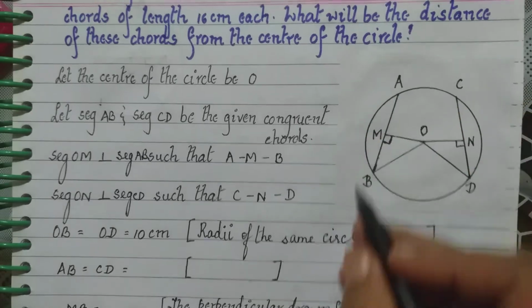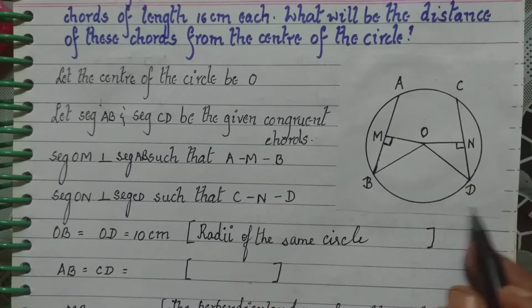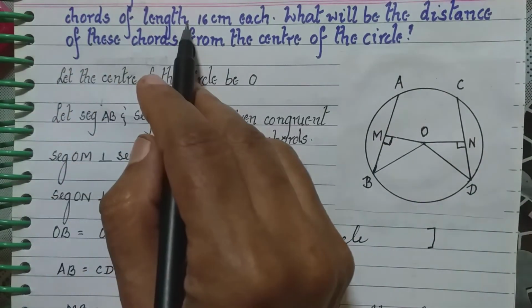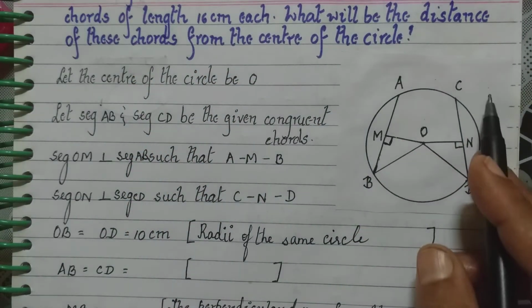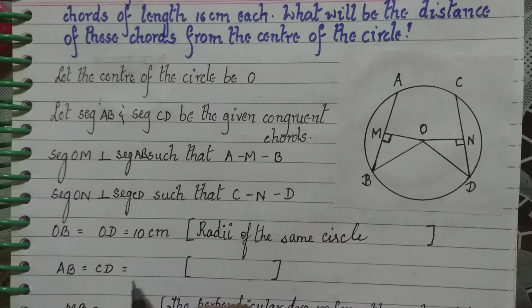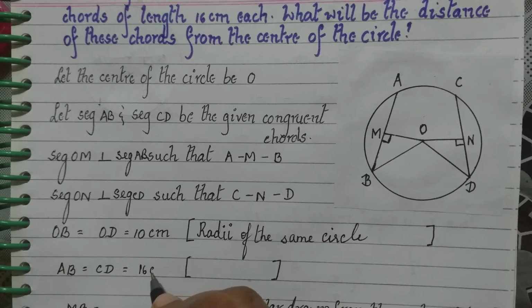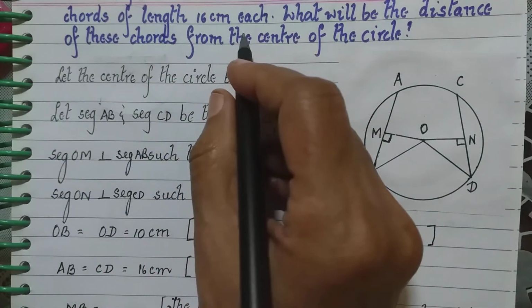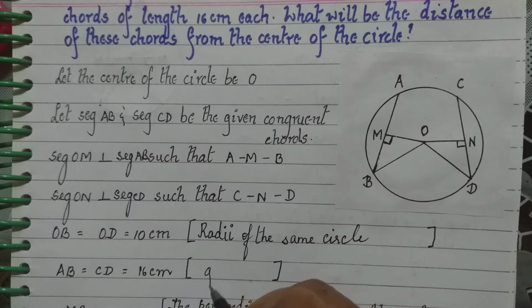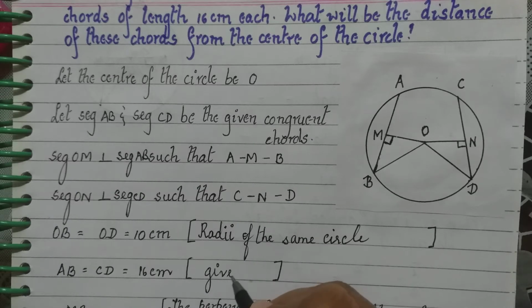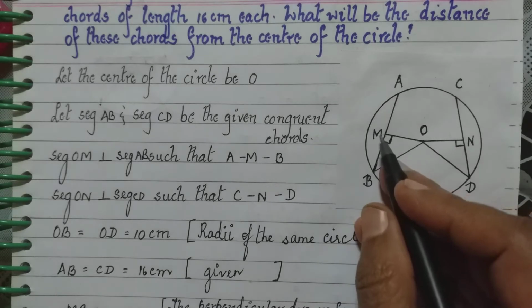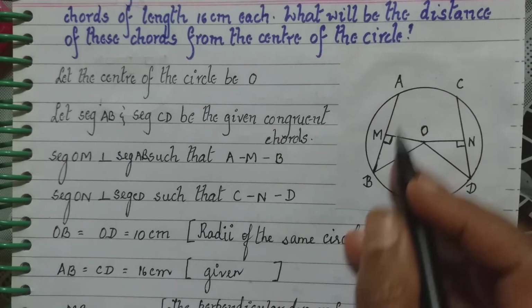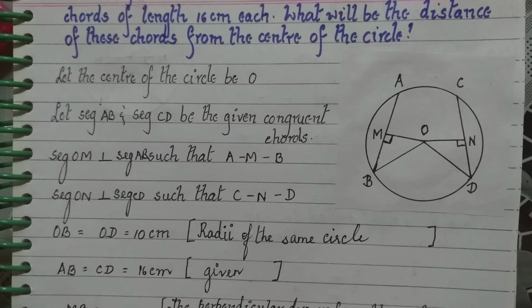Next we have AB equal to CD, the chords, their length they said is 16 centimeter. So AB equal to CD equal to 16 centimeter. What is the reason? It was given to us, so we write here given. If AB is 16 centimeter, MB will be half of AB.